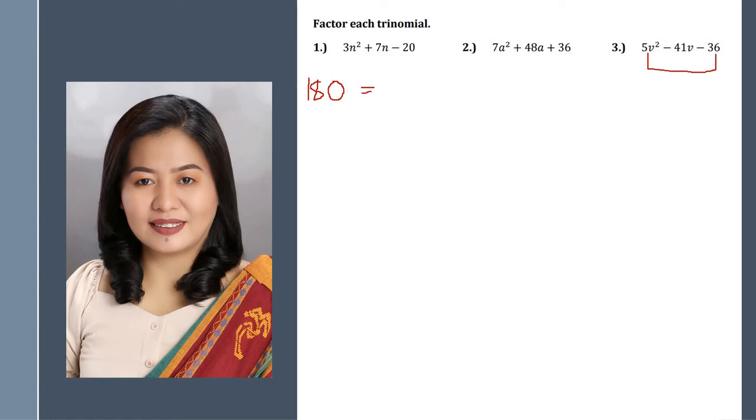The closest I can give is 18 and 10, but we are sure that 18 and 10 will not give a difference of 41. So we break it down. So we have 6 and 3 and 2 and 5.